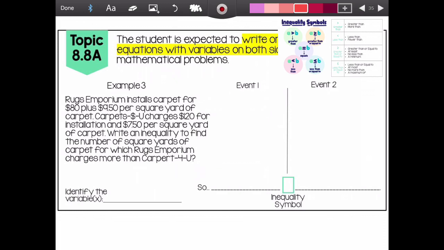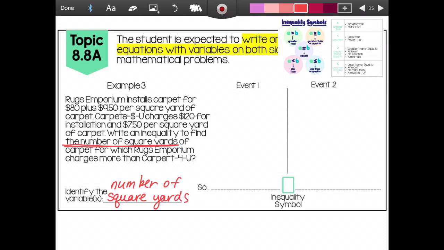So first, write an inequality. All right, we got that. To find the number of square yards. Now again, that's the variable because we don't know. That's what the problem is asking us to find. So number of square yards is our variable.